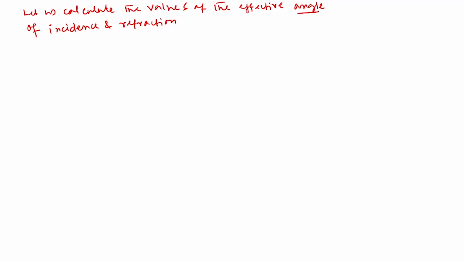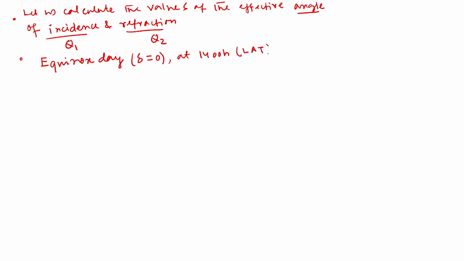So, this angle of incidence which is represented by theta 1 and this is represented by theta 2, right, and these two values have to be obtained on the equinox day. Okay. So, equinox day, that means delta has to be equal to 0, okay, and at 14 hours, okay, 14 hours, which is LAT, okay, so local apparent time, right.